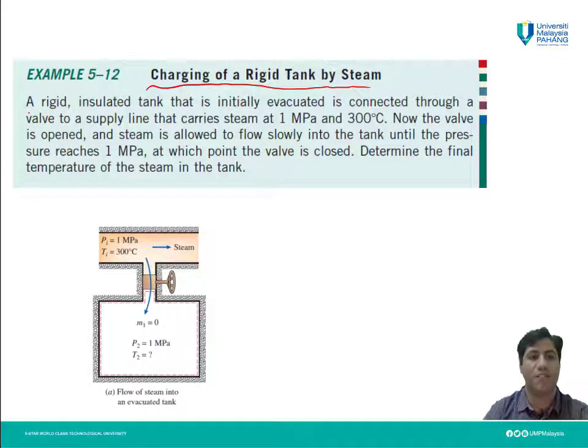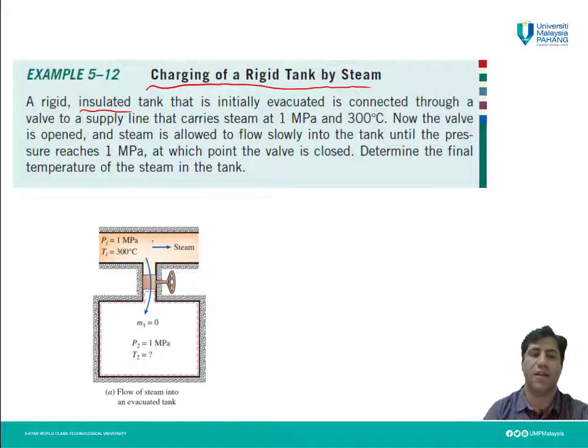So we have a rigid insulated tank. So we don't have any heat transfer for this tank because it is insulated, and it is rigid, so its volume also doesn't change. Initially, it is evacuated, so we don't have anything inside this tank before the flow from this line to the tank.